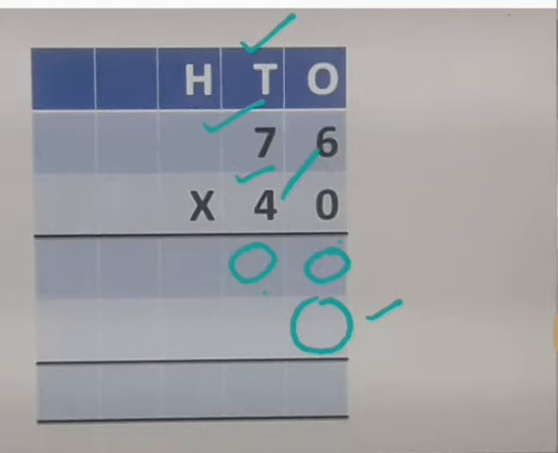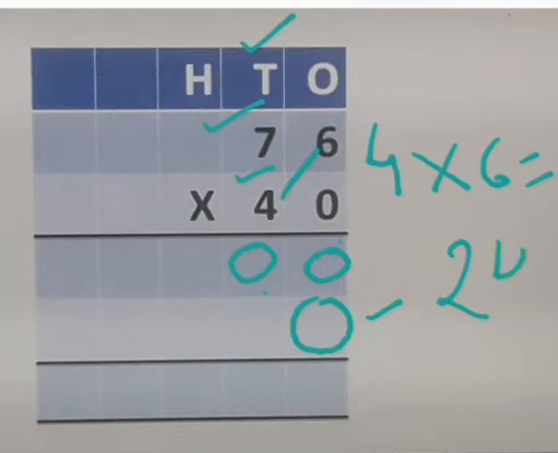So, what is 4 sixes? Yes, 4 sixes are 24. So children, we will write 4 here, and as we already have a number in the tens place, we will carry over 2 here.